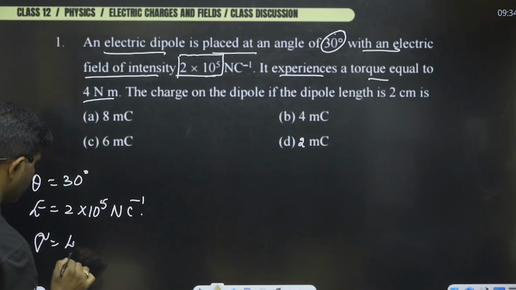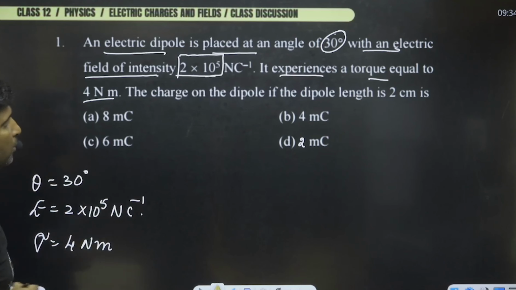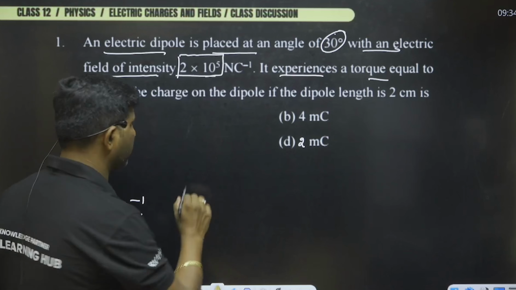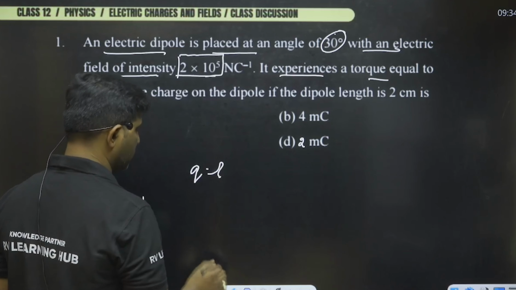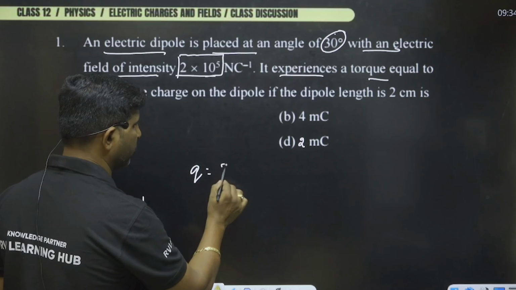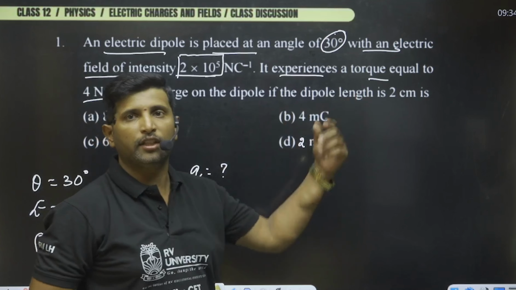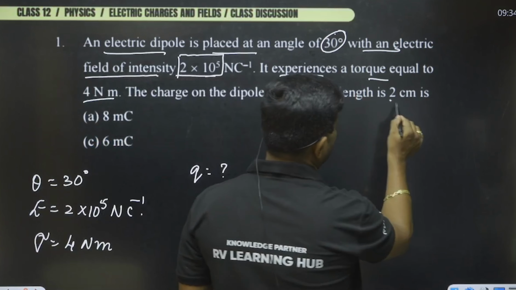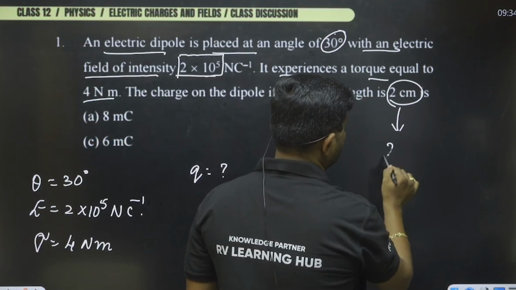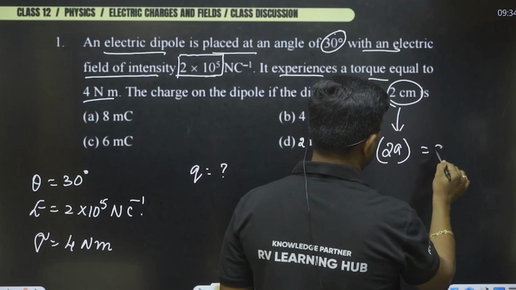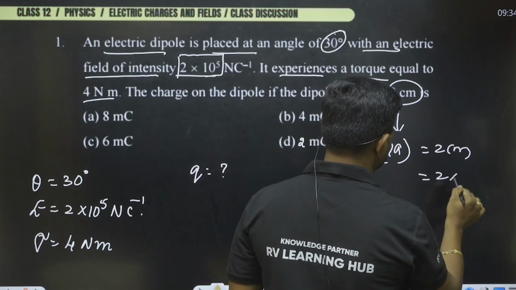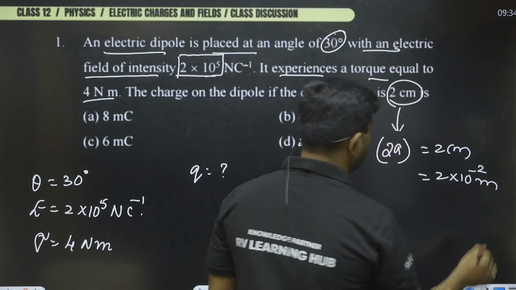Torque is also given, 4 Newton meter. We have to calculate the charge on the dipole. If the dipole length is 2 centimeter, usually dipole length is denoted by 2a, so 2a is equal to 2 centimeter, that is 2 into 10 to the power of minus 2 meter.